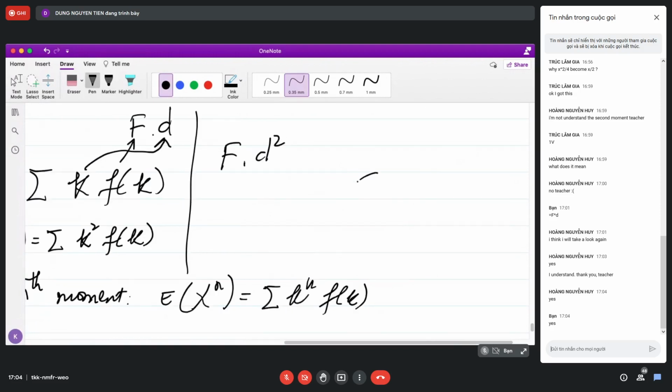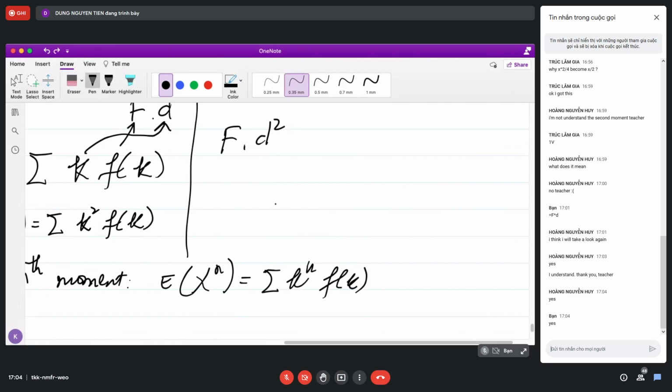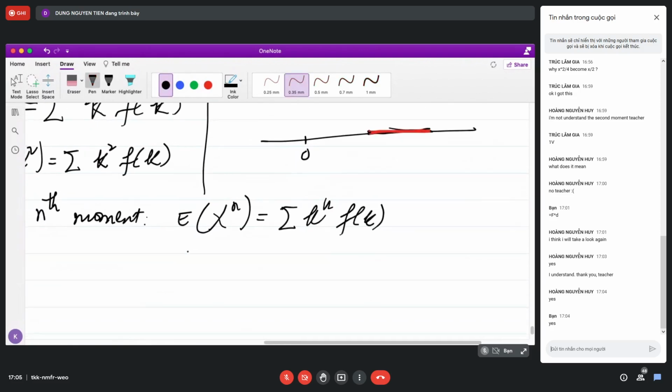If you consider the case when you have a disk here, or let's say you have a part of a line like that, and you have a string like that, and this is the origin, and you want to find the moment of this one, then instead of using the sum, you can use the integral.